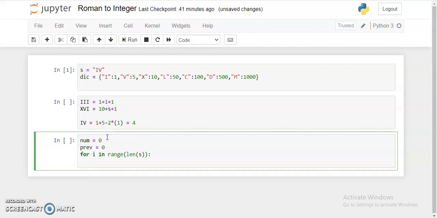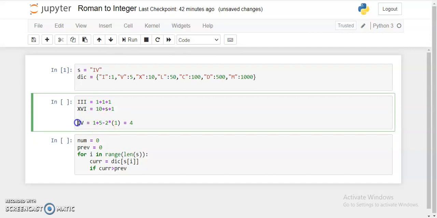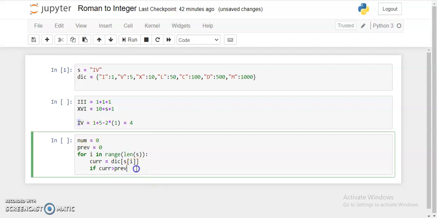Now I will have the current value, that is dictionary of s of i. Then I check if current is greater than previous, meaning the current value is greater than its previous representation.